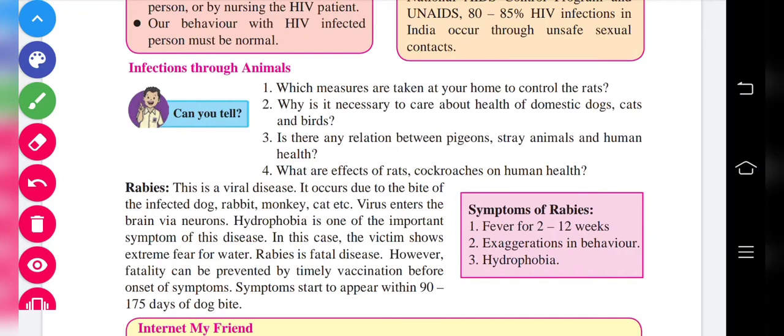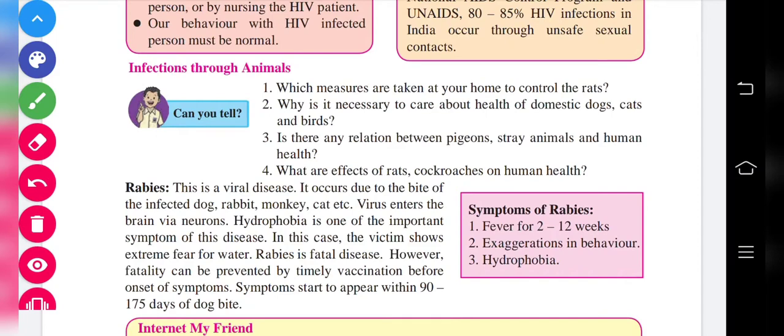Okay, so what are the effects of rats and cockroaches on humans? Rats are hosts of plague, carrying the bacteria. Plague mostly comes from rats, from small viruses or from the rat's skin, and it can reach human beings, which is very dangerous for us.